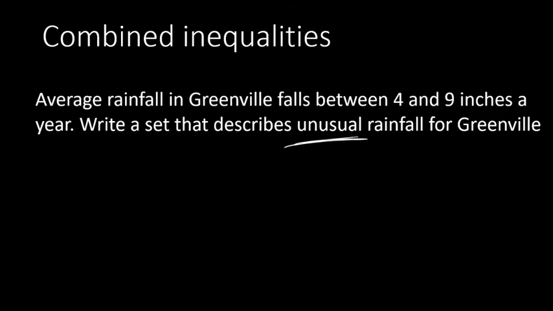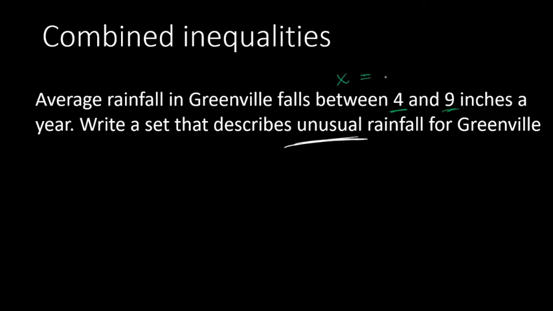So first, let's write a set that just describes their normal rainfall. I think that's going to be easier, right? So we know that their average rainfall falls between 4 and 9 inches a year. So what is a set notation that says between 4 and 9? I could write this as an inequality statement using x.